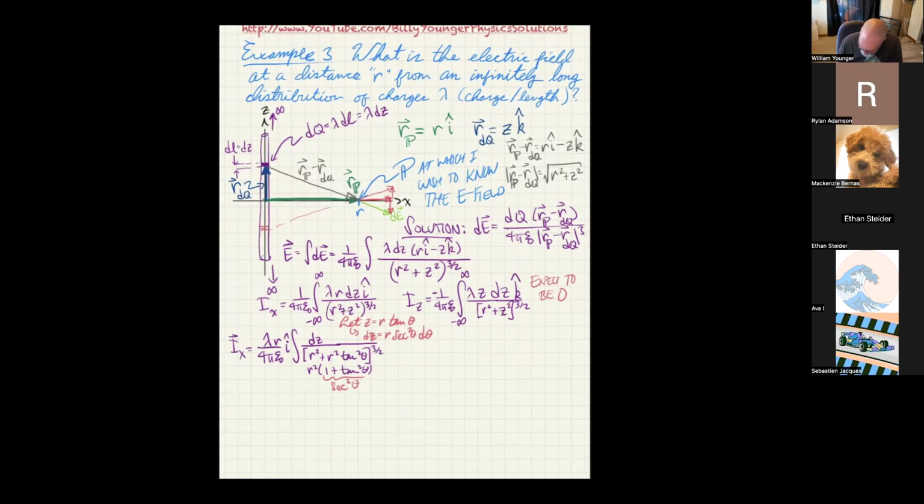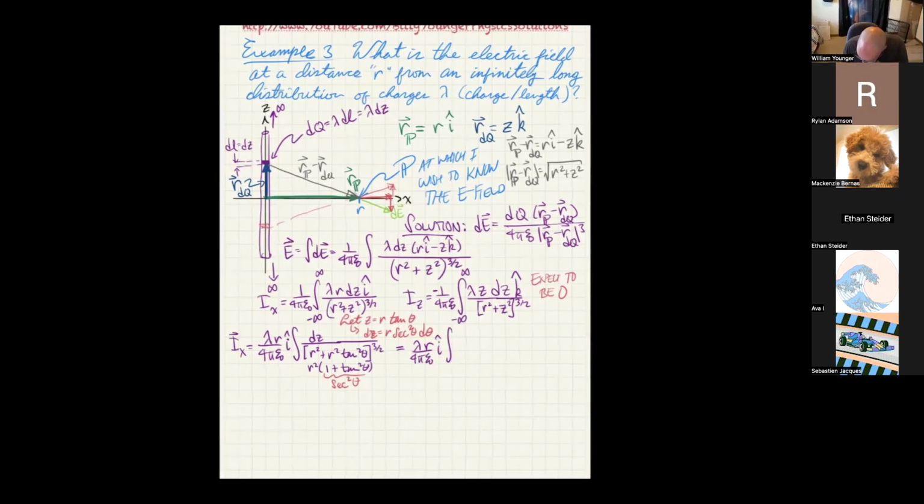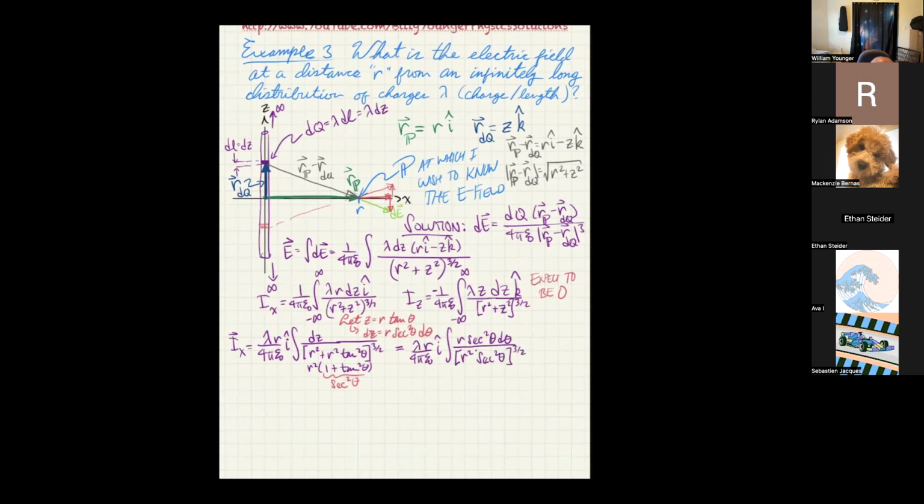Secant squared theta. So now from that trig substitution I get lambda times r over 4 pi epsilon naught times i hat times the integral. Now the dz becomes r secant squared theta d theta, and down here we've got r squared times secant squared theta, all raised to the 3/2.